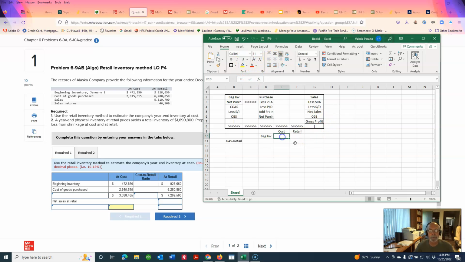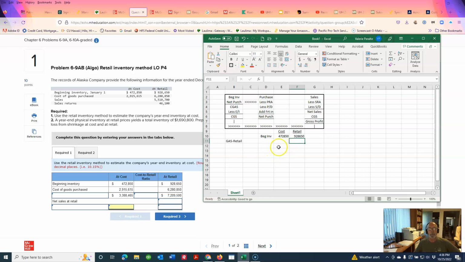This information is given in the problem. Our beginning inventory at cost is 472,850, and our beginning inventory at retail is 928,650.